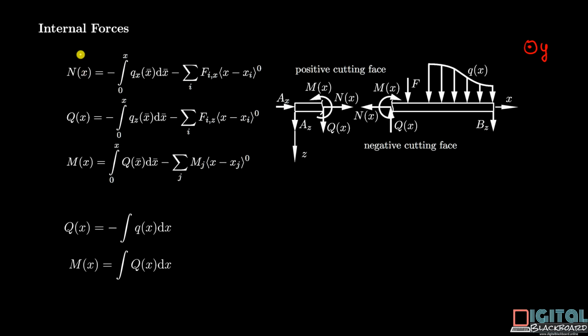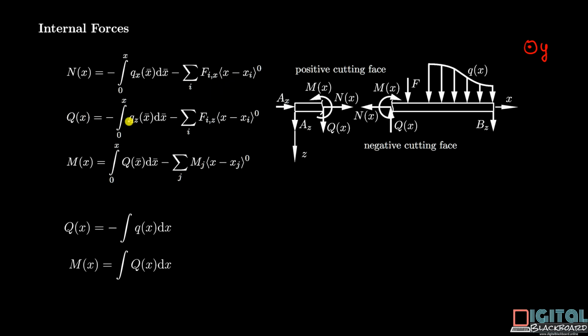What you see here on the left are the expressions for the internal forces and moments. The internal axial force, Nx, is given by this expression, where q here represents the distributed loading in the x direction, and the summation here represents all the applied loadings, including the reaction forces, also in the x direction.